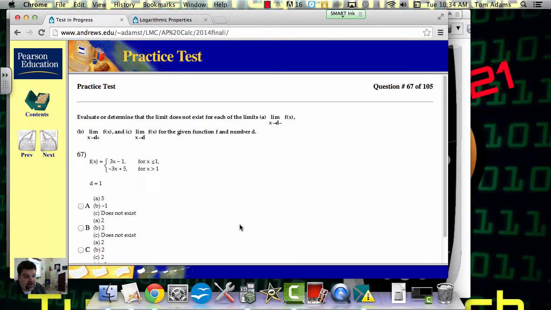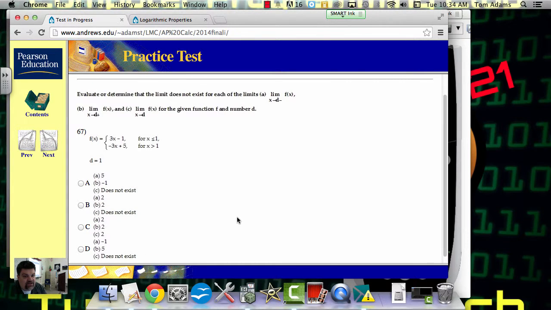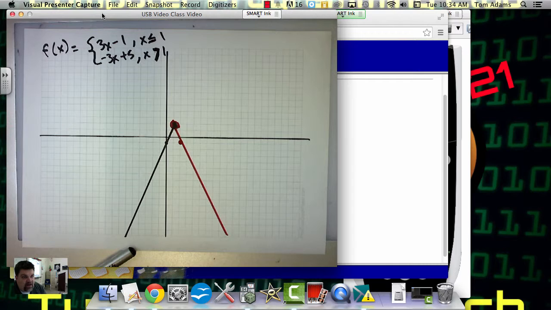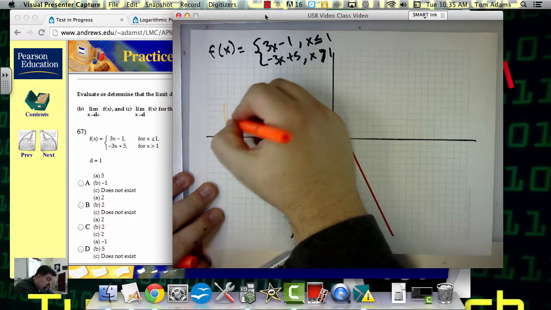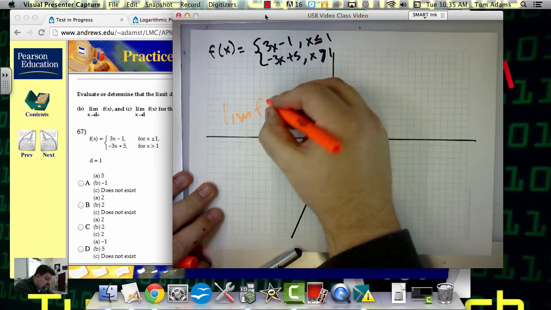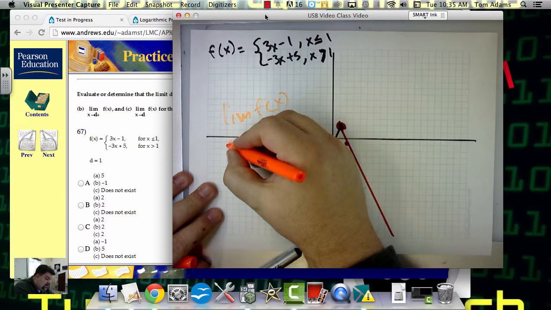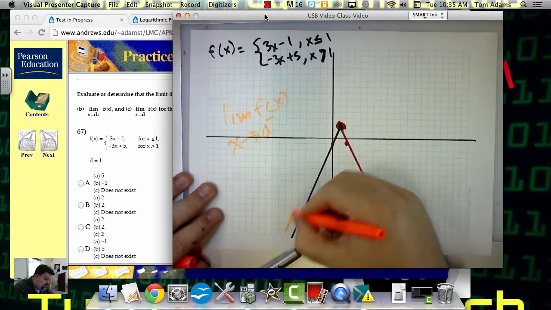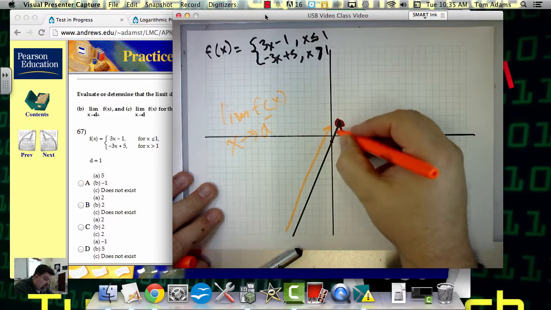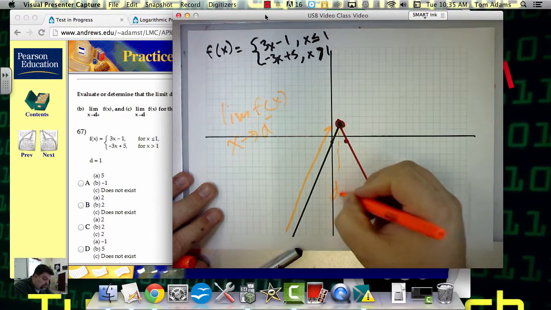Okay, so now that I know that that's my piecewise function, let's go back to the test and see what they're asking us. What is the limit of the left-hand side and the right-hand side when d equals 1? If I look at my graph, what is the limit of f of x as x approaches d from negative infinity? So I'm going to come here, and we're looking at d equals 1.